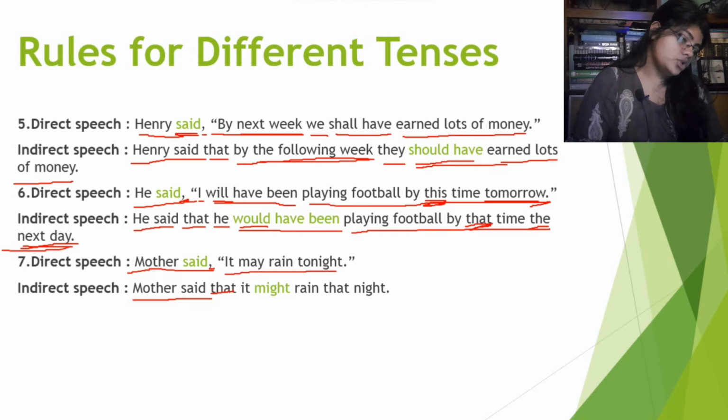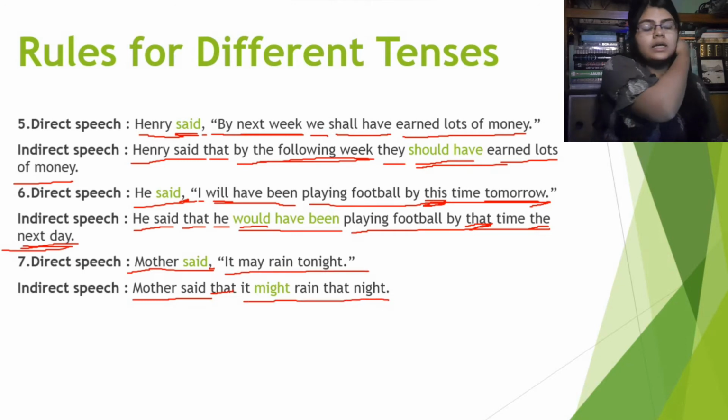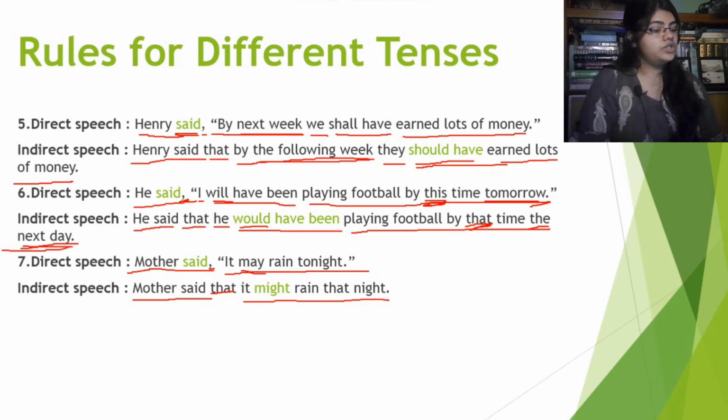It may rain tonight will be it might rain that night. May is changed into might, because might is the past form of may, and tonight will be changed into that night, because as we said in the earlier portion of the video, in the direct speech if tonight is used, then in the indirect speech it will be changed into that night.